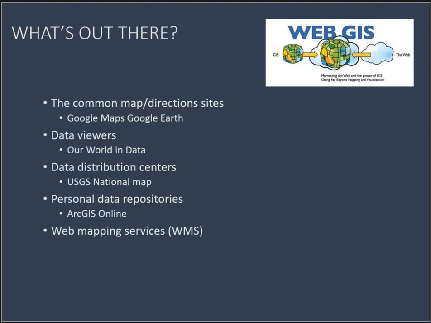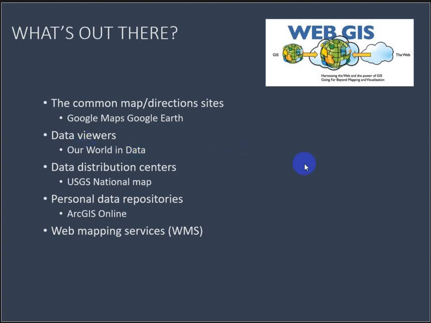So what kinds of web mapping platforms are out there? The ones you're most used to: Google Maps, Google Earth, common map direction sites, Bing. There used to be other ones out there, but they've all been gobbled up by Google. Not all.